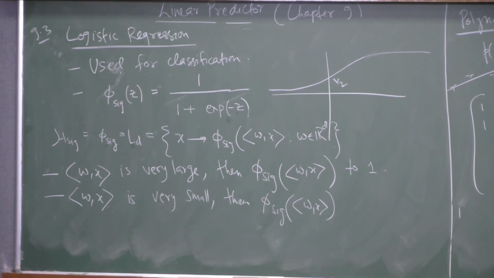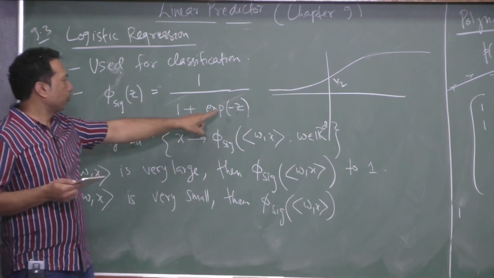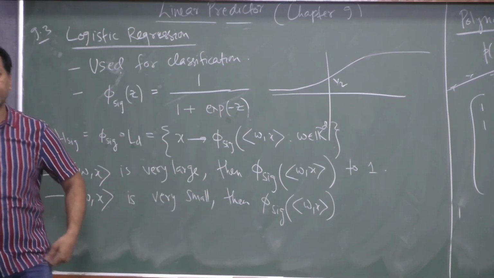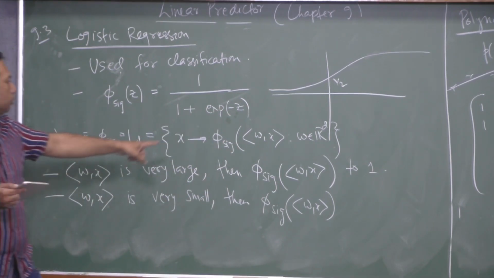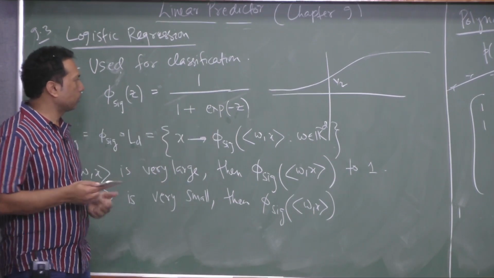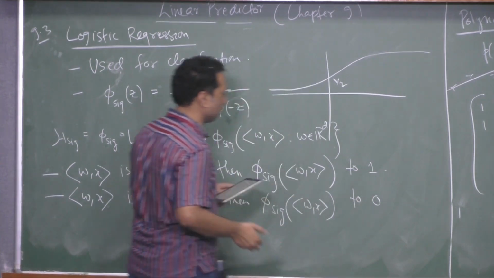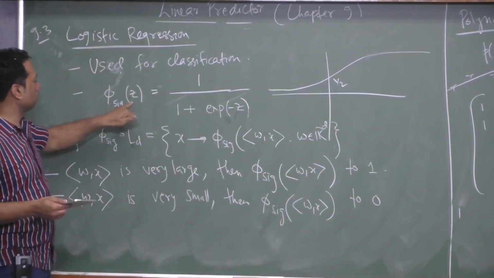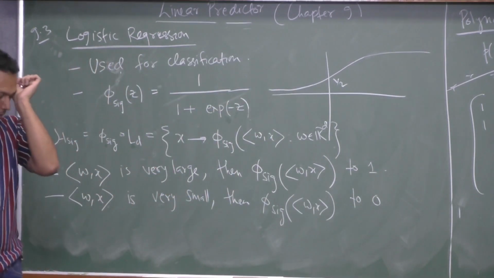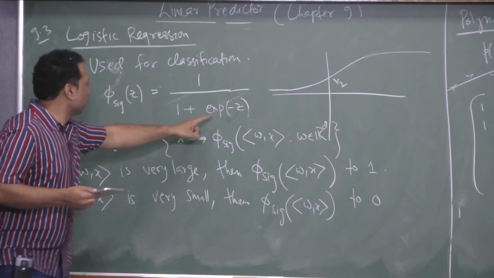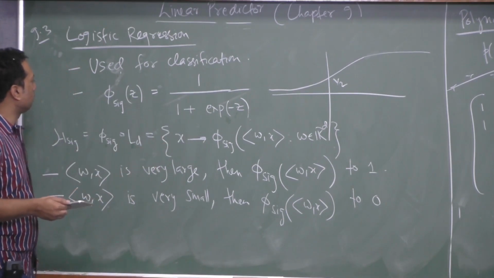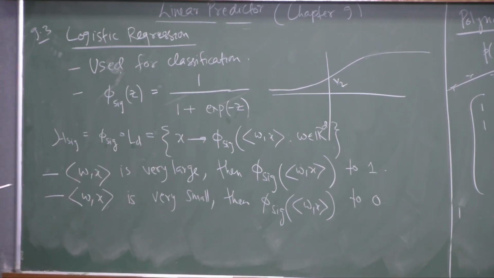So z is allowed to go to negative infinity. Then the exponential becomes infinity and the overall thing goes to 0. So this is what the graph is also telling us.